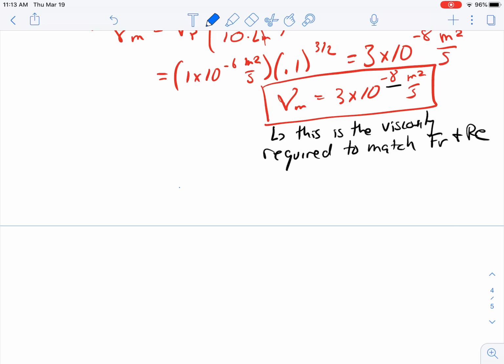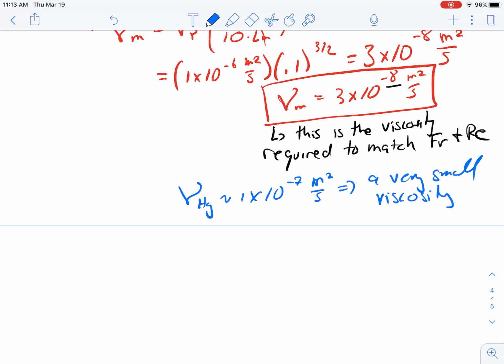For example, the kinematic viscosity of mercury is about 1 times 10 to the negative 7th meters squared per second, which is a very small kinematic viscosity. So as a result, we can't match the two. Therefore, we can't match viscosities.